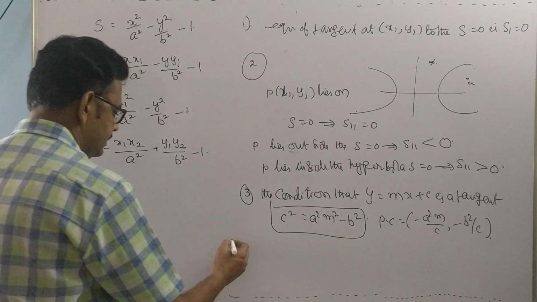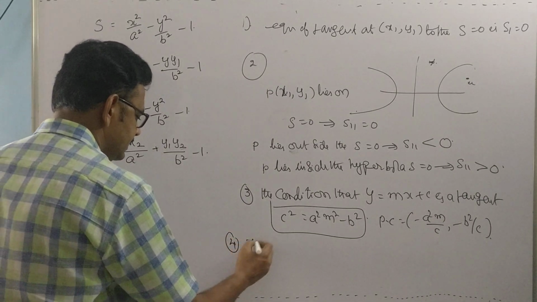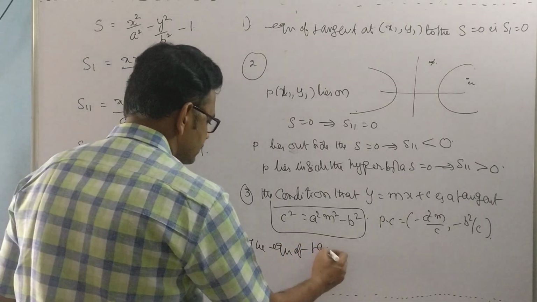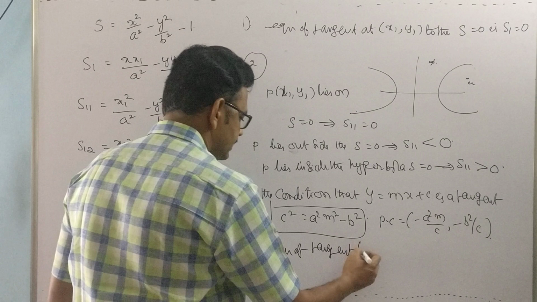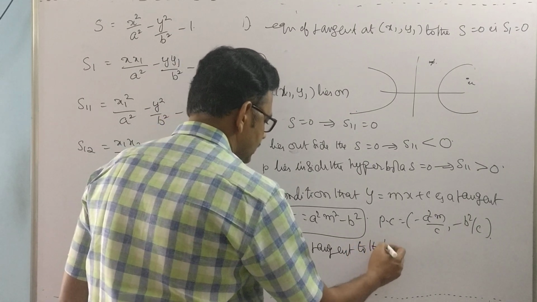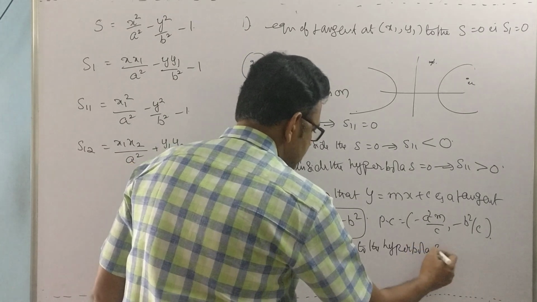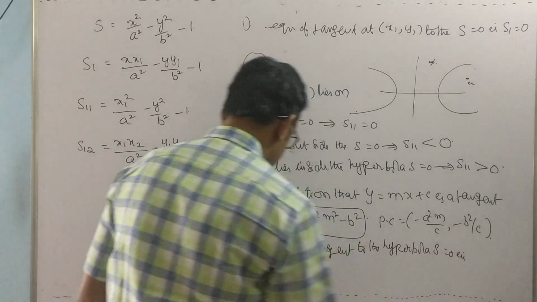So next point, the equation of tangent to the hyperbola S equal to 0 in slope form.